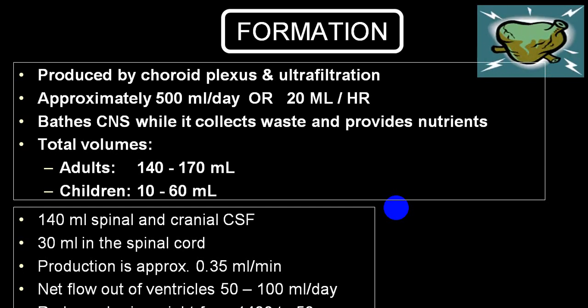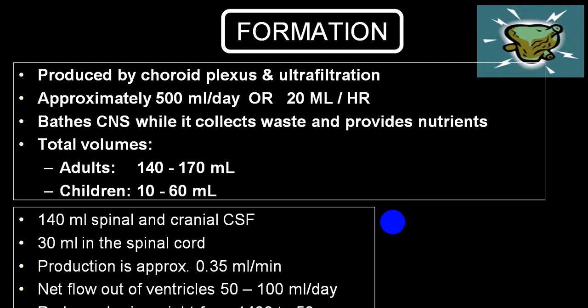We'll be talking more about adults. Around 30 ml is present in the spinal cord, and around 140 ml is present surrounding the cerebral hemisphere and in the intracranial space. We already mentioned the production is around 0.35 ml per minute, or 20 ml per hour, or 500 ml per day.